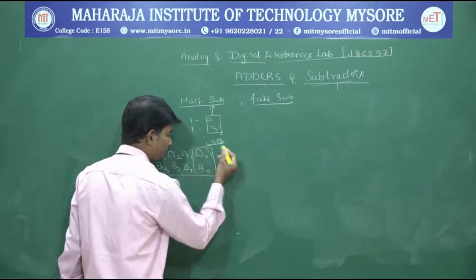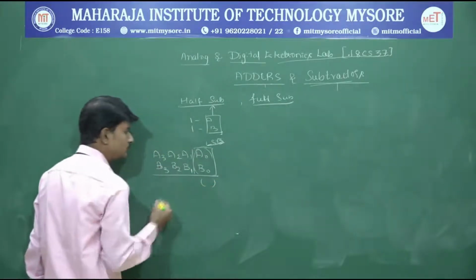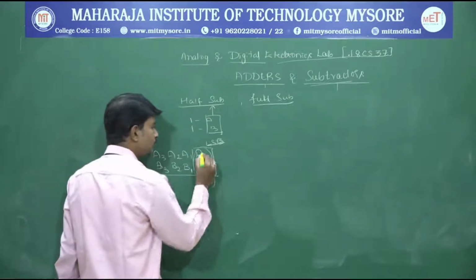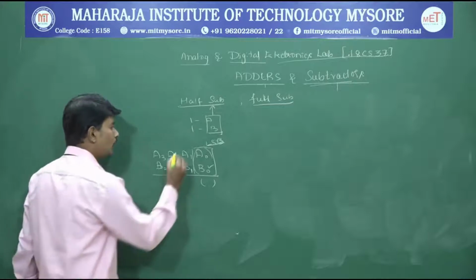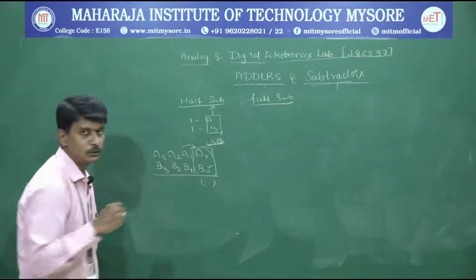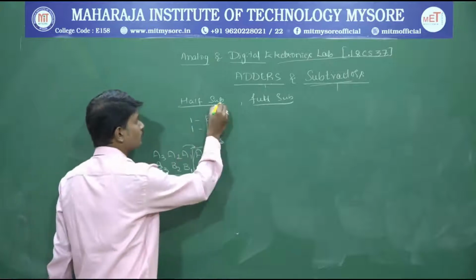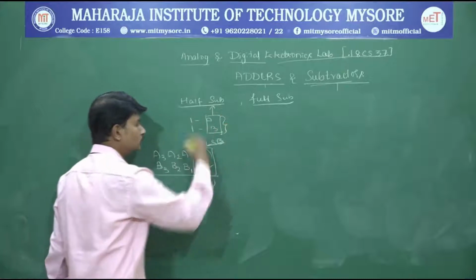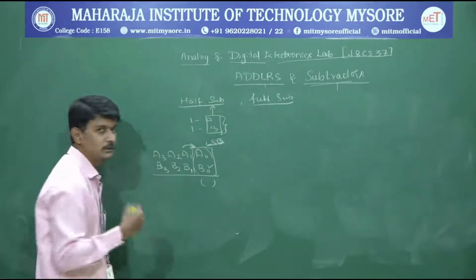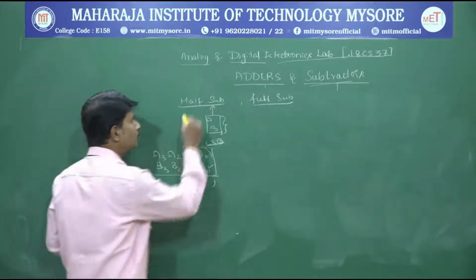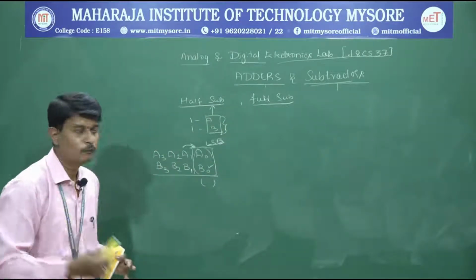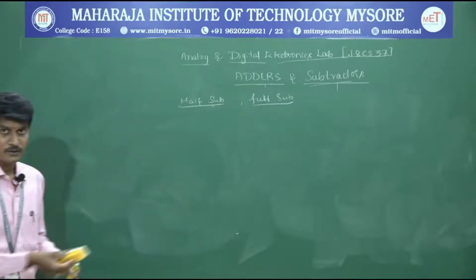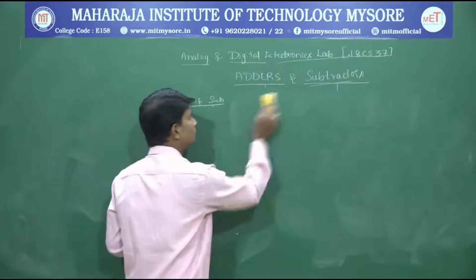It will end up with a difference, and if the second number is greater, that means B0 is greater than A0, I have to take a borrow from over here. This is not possible with a half subtractor circuit, since it accepts only two inputs. This would become a third input, so this is not possible. That's why, in order to overcome this problem, I'll go for a full subtractor. So let's first go with the half subtractor and then we will deal with the full subtractor.